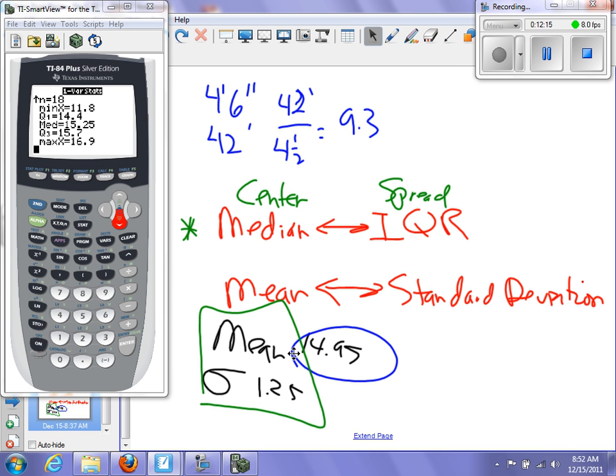Those are my 2 measures that I can use. Mean and standard deviation are only appropriate for normal models. In order to have a normal model, it has to be unimodal and symmetric. If it's bimodal or if it's skewed, mean and standard deviation are meaningless.